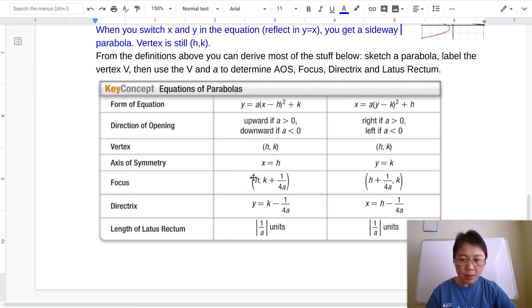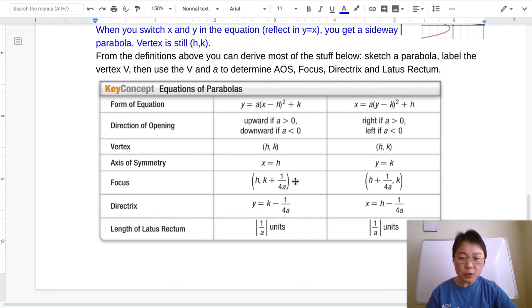And the axis of symmetry in the upside up or upside down parabola is a vertical line, so it's x equals a value. And this value, because it goes through the vertex, has the same x coordinate as the vertex. Likewise, for sideways, we have a horizontal line, y equals a value, which is the same value as the y coordinate of the vertex.